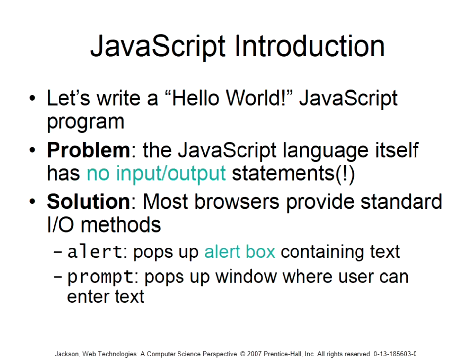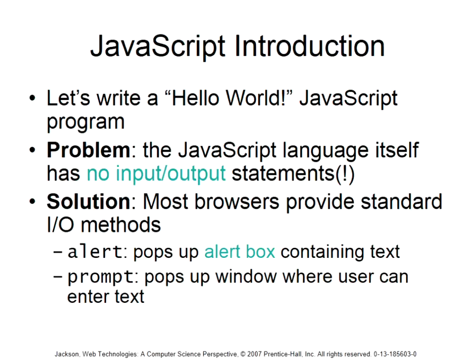The solution is to use the input-output methods provided by browsers. So we will use alert and prompt. Alert pops up an alert box containing text, and prompt pops up a window where the user can enter text.